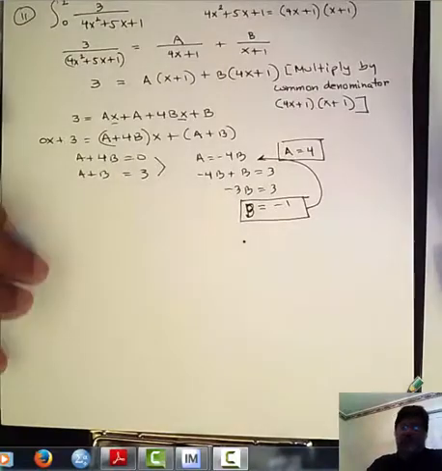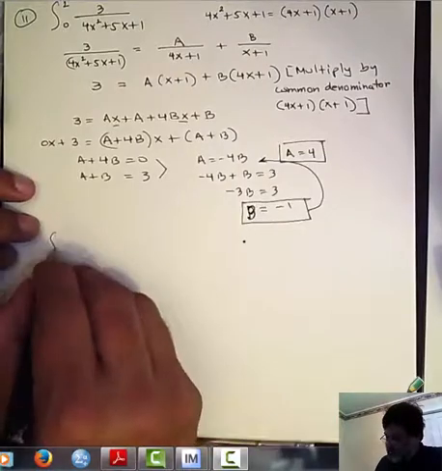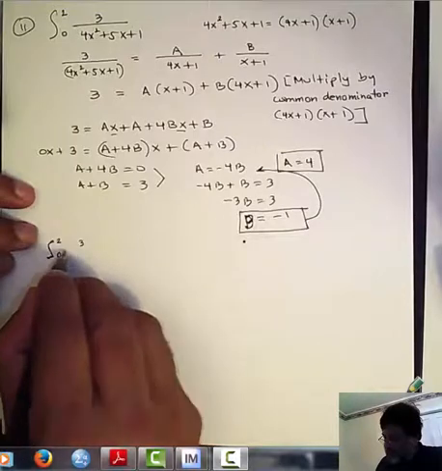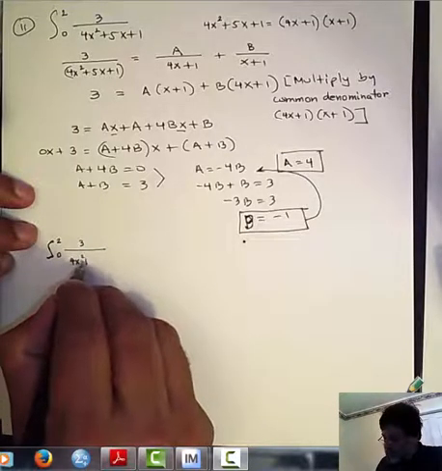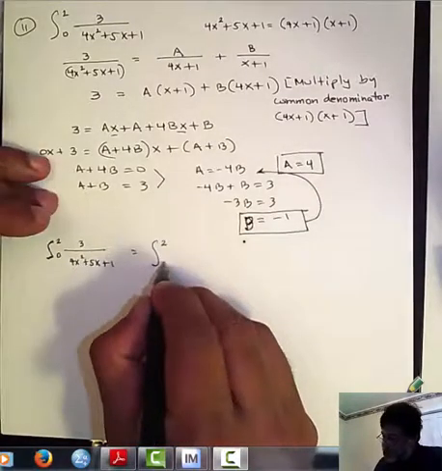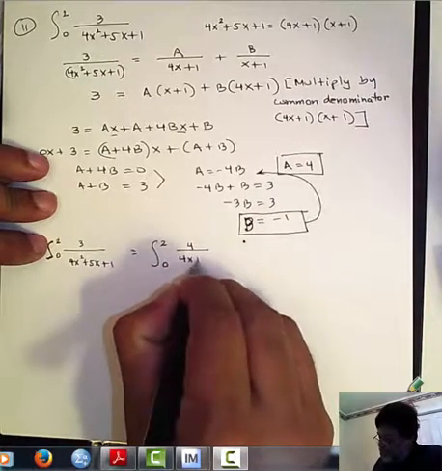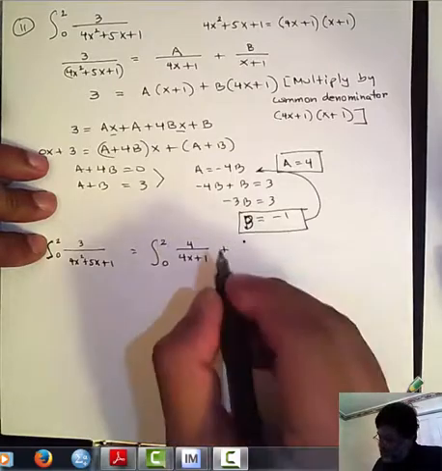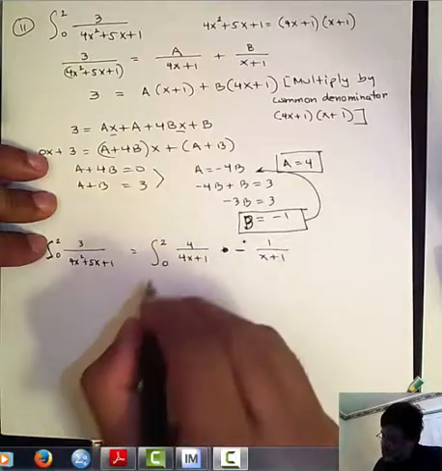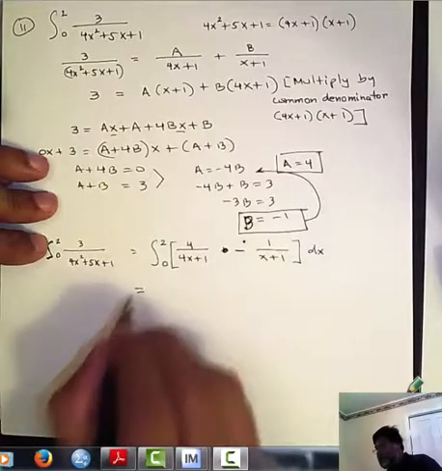Alright, so now let's go back to the integration. Integration is 2 to 0 of this, which we found to be minus. Now we can integrate this one.